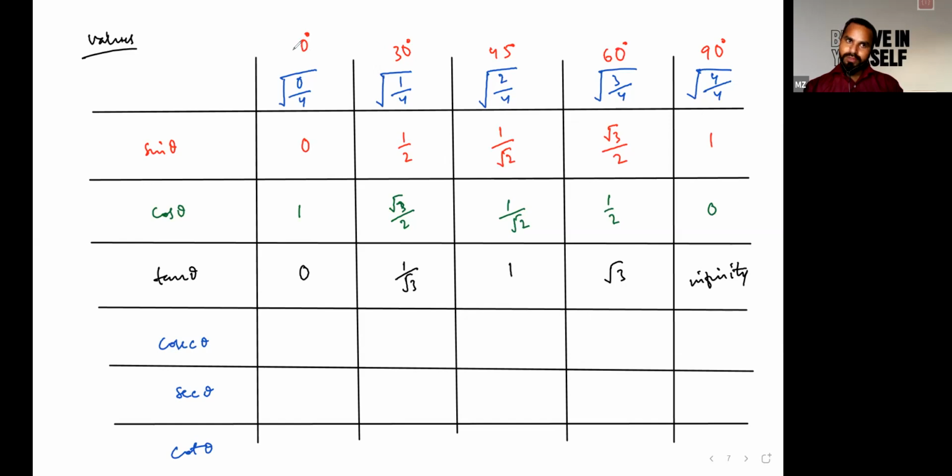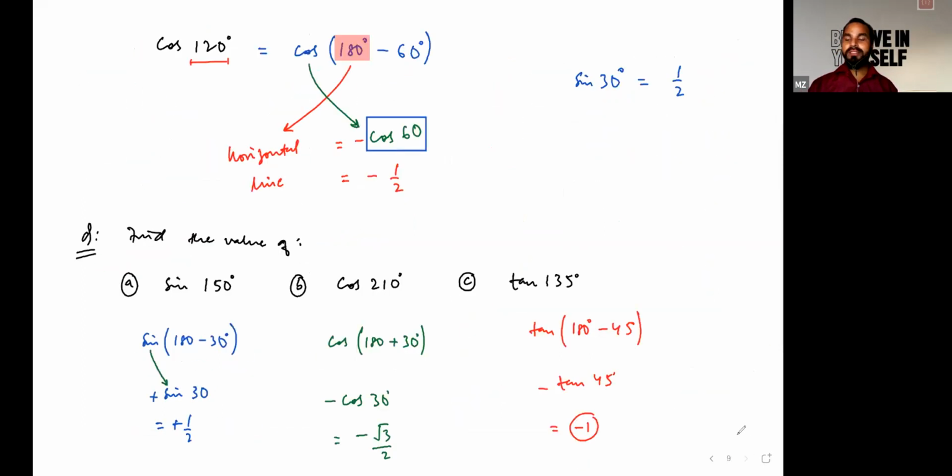Since our values are between 0 to 90 only, you have to take the difference such that the difference part would lie in this part only. So you have to take the difference up to nearest horizontal line only.